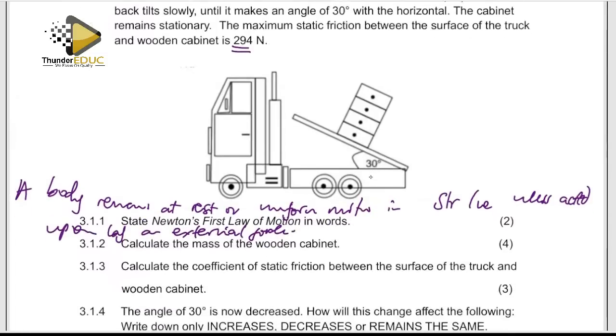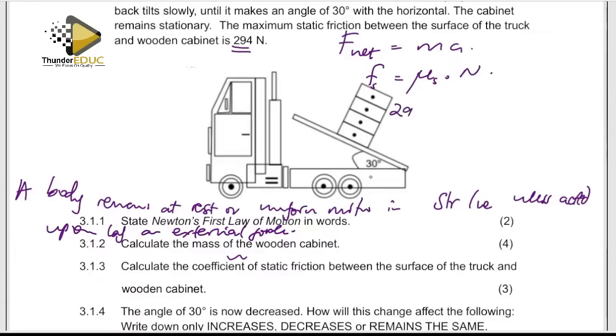Then 3.1.2, they want us to calculate the mass of the wooden cabinet. We shall use F net equals m a. I'm going to look at the static friction: Fs is mu s multiplied by the normal force component.